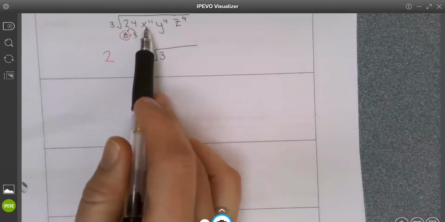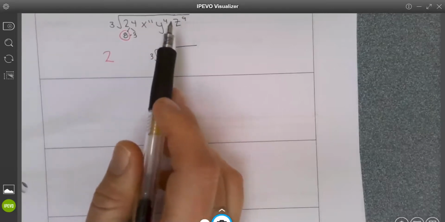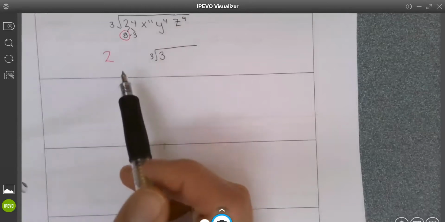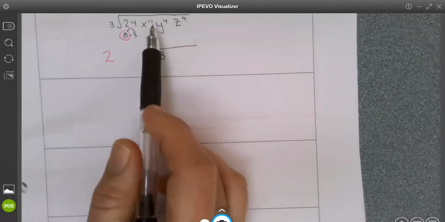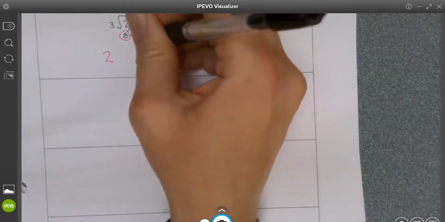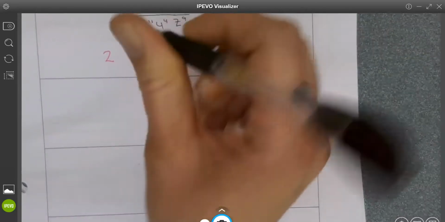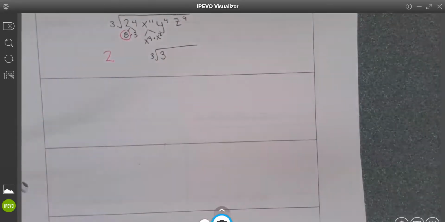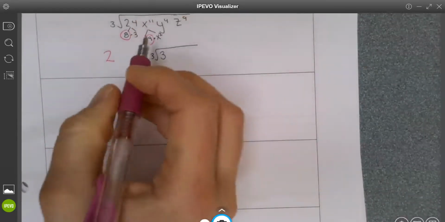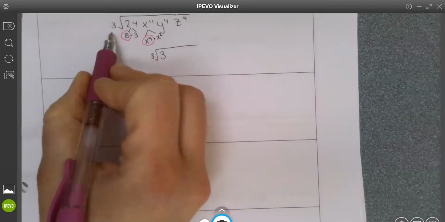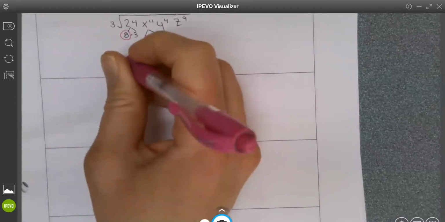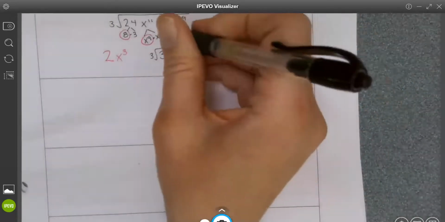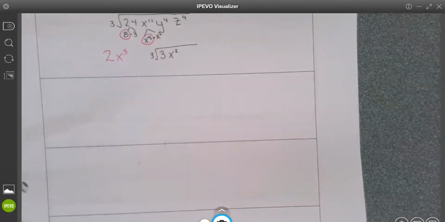So I need to break x to the 11th into what I can divide by 3, what's the most I can take out, and what would be left behind. So I need to break this into 9 factors of x, and then there'd be 2 more, making up the 11 factors altogether. The reason I choose 9 is because 9 is the largest exponent value I can grab there that's divisible by 3. 9 divided by 3 would give me x cubed when I take the cube root of it, and it's leaving me with x squared inside my radical.